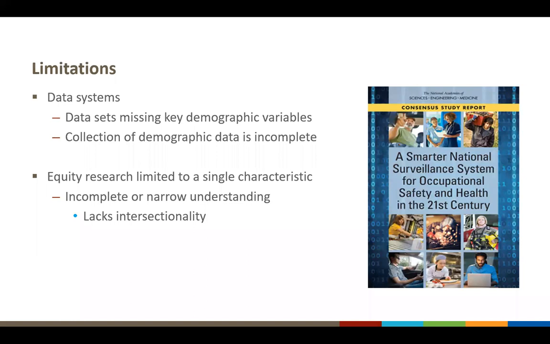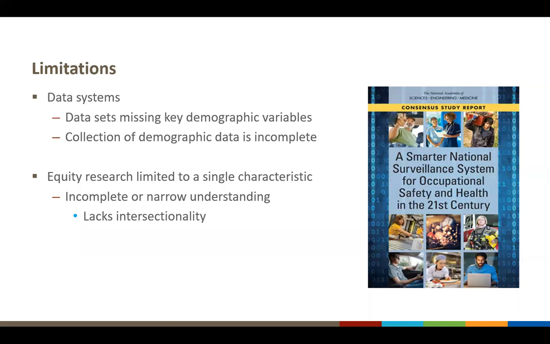What is it about being an immigrant that puts people at increased risk, right? But this gives us an incomplete or narrow understanding and lacks this idea of intersectionality and the fact that individuals are not monolithic, but belong to a composite of a variety of different identities all simultaneously.